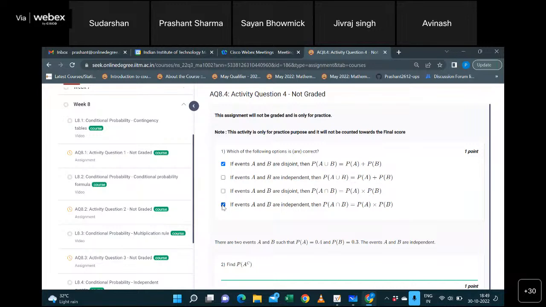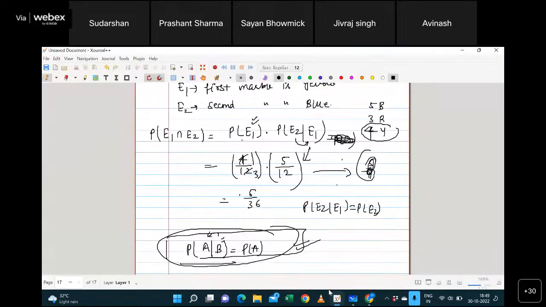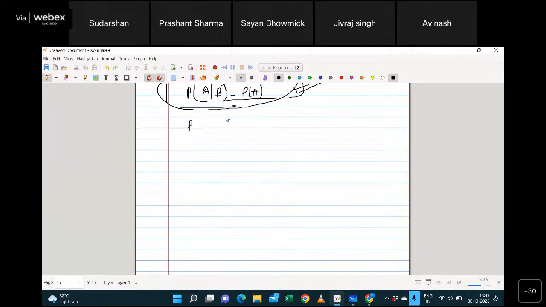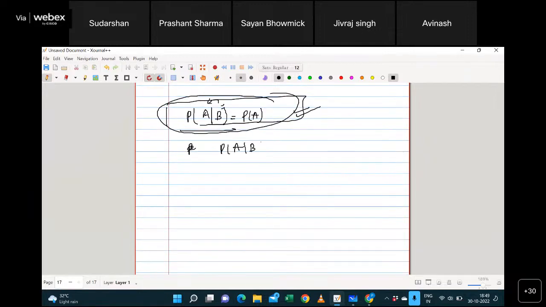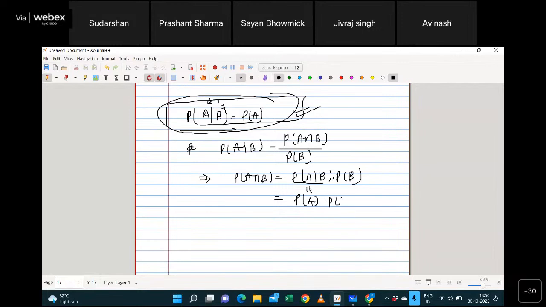Disjoint means there is no intersection, and independence means, simple: probability of A given B is probability of A and B divided by probability of B. So probability of A and B equals probability of A given B into probability of B. Independence means this should be equal to probability of A. This is the meaning when A and B are independent, okay?